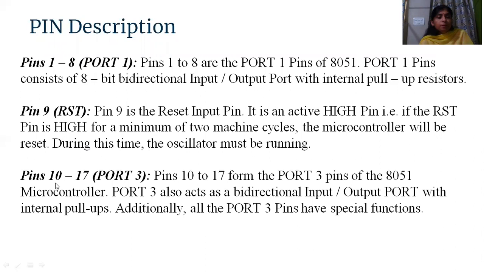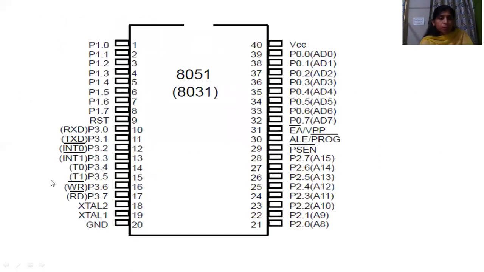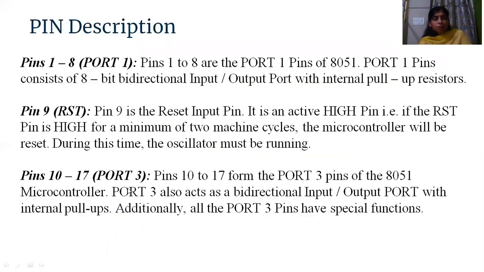Pin number 10 to pin number 17 is the port 3 pins. Port 3 also acts as a bidirectional input-output port with internal pull-ups. Additionally, all the port 3 pins have special functions.